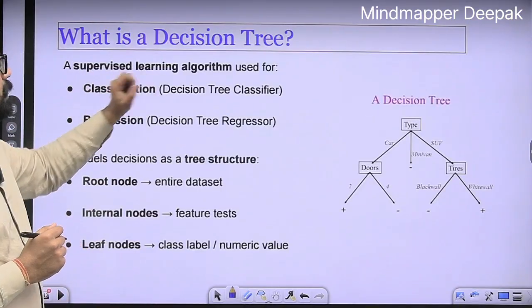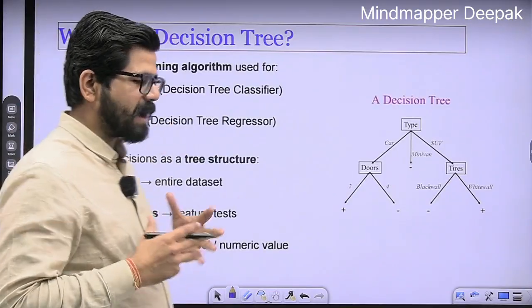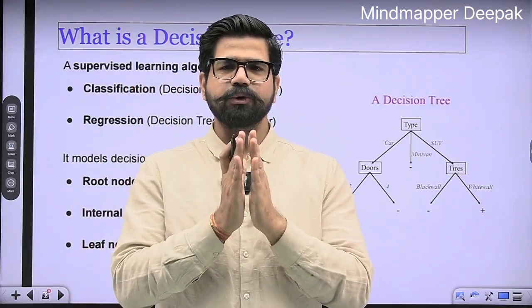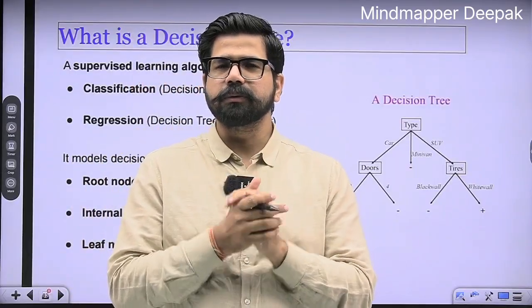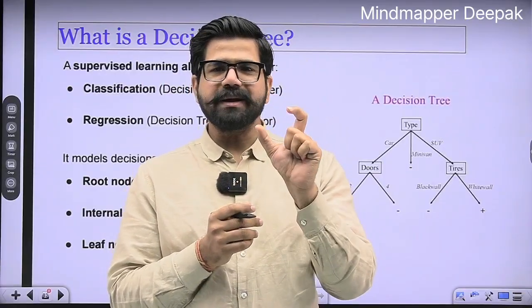Now, what is a decision tree? First, you need to understand some basic things initially. Let's take a real-time example: you need to purchase a certain product on Amazon or Flipkart. You need to make a decision there.